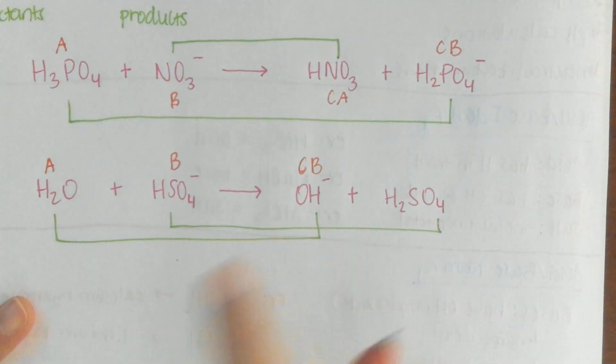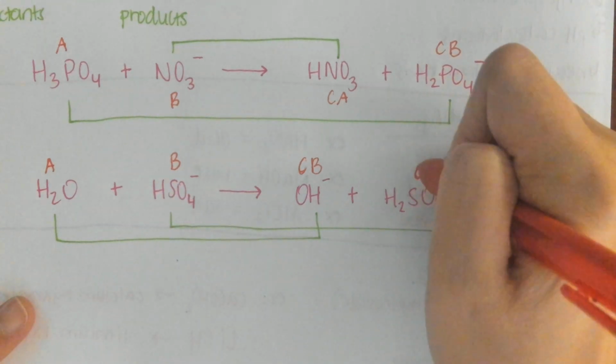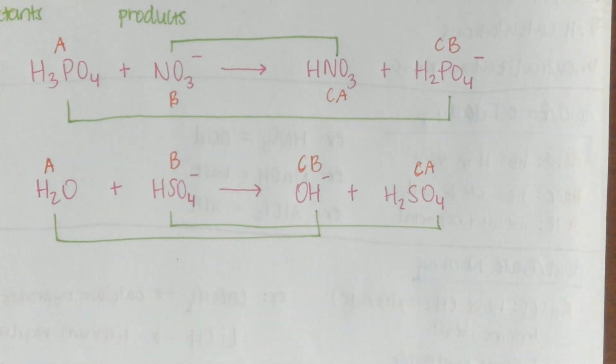Careful. And then the HSO4 being the base, it produces the conjugate acid. There we go. And this is just naming, that's all you do. You just say what you got. You have to do the matching too, it's not just naming.